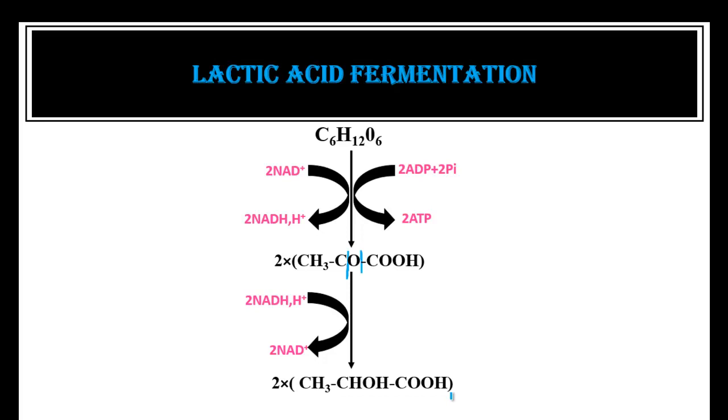So in this type of fermentation, we will end up producing 2 molecules of lactic acid, each one of them coming from 1 pyruvic acid molecule, and also we will end up having 2 ATP molecules. And also we will have the regeneration of NAD+.